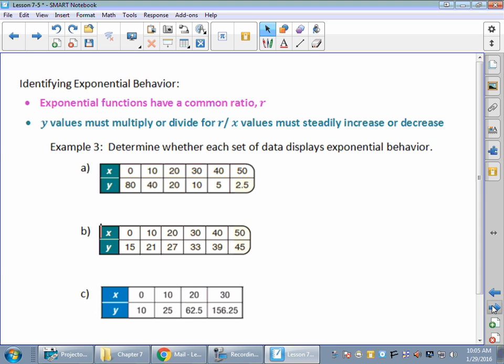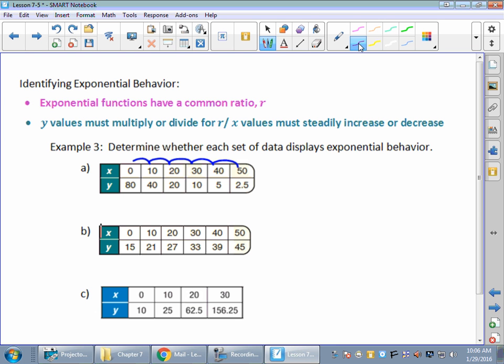So determine whether each set of data displays exponential behavior. In order to do that, we're going to have to identify the r. So for letter A, would everybody agree that x's are going up by 10s? So just to verify, we're good. The x's really don't make a difference unless they're not increasing at a steady rate.